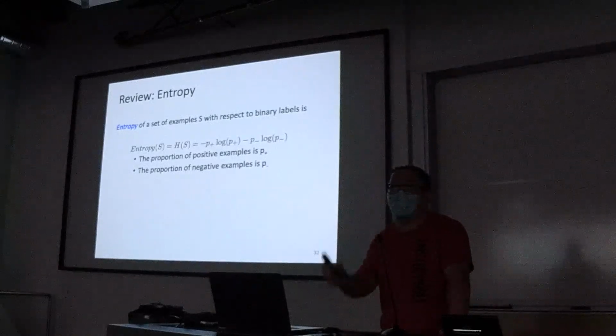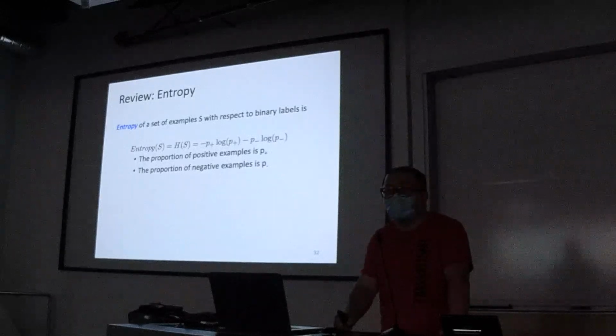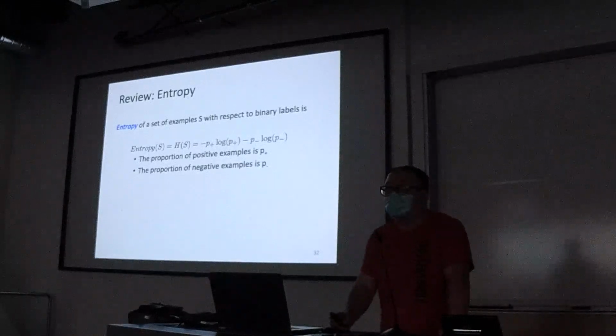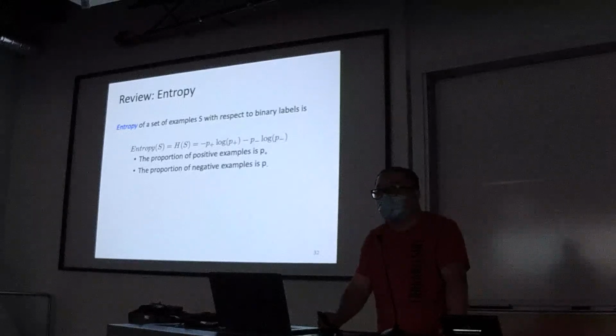If half of the examples are positive and half are negative, I will be most uncertain about the labels, because you have half chance to be positive and half chance to be negative. That means I don't have any knowledge about the labels.